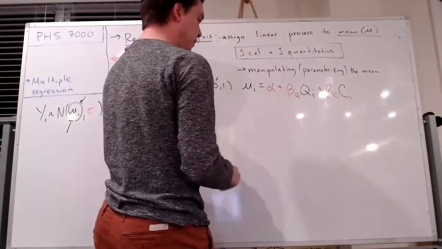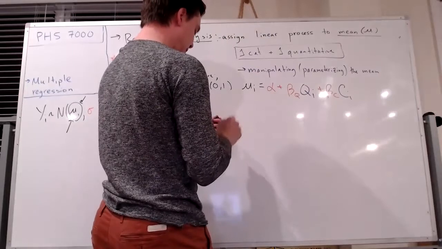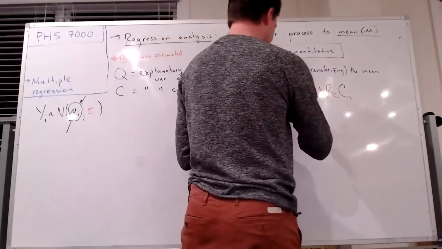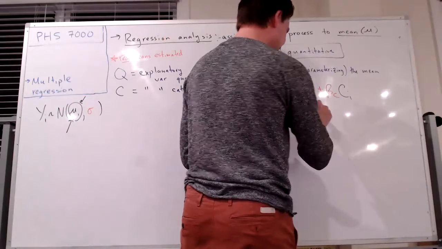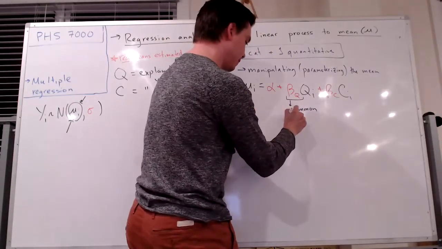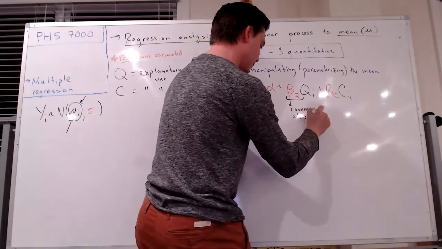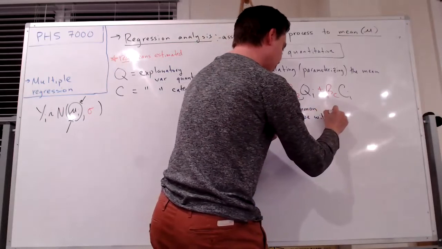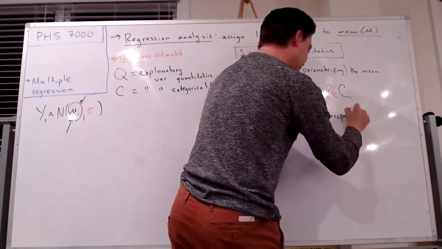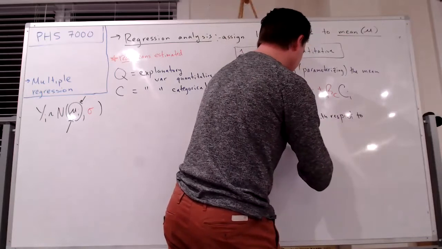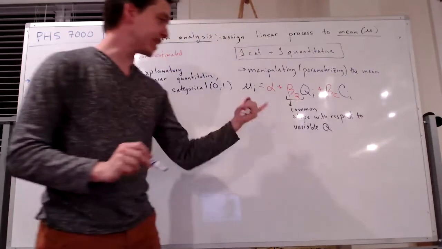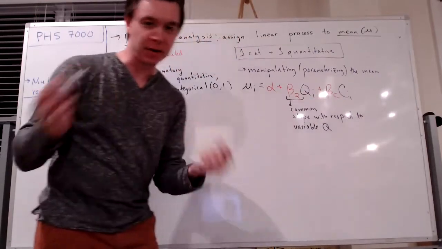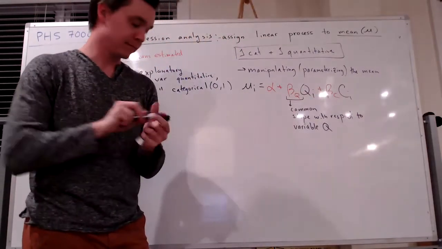What we're thinking about is that, notice that this right here is a common slope with respect to our variable q. And of course, a slope with respect to the categorical variable doesn't really make sense.